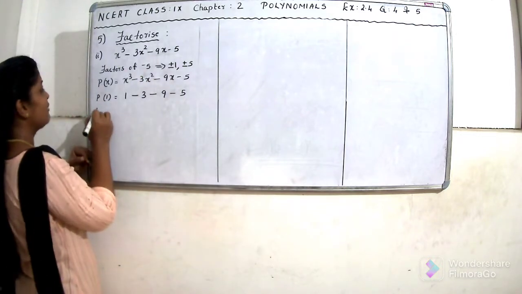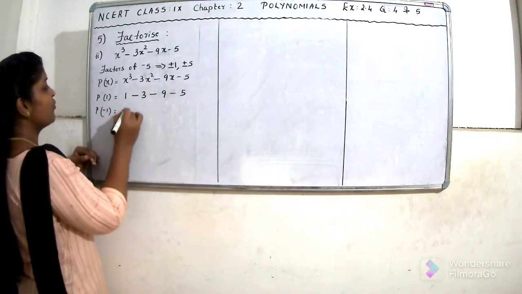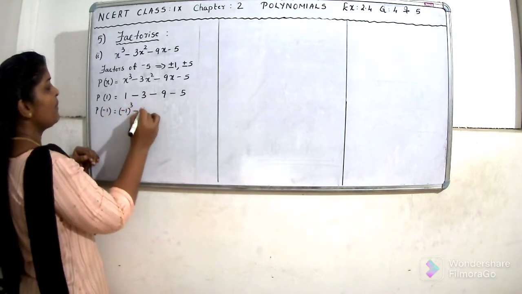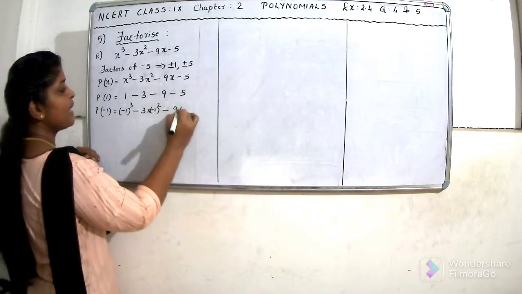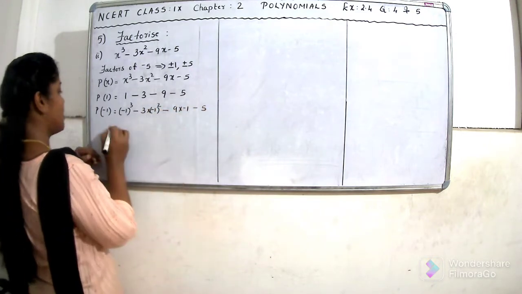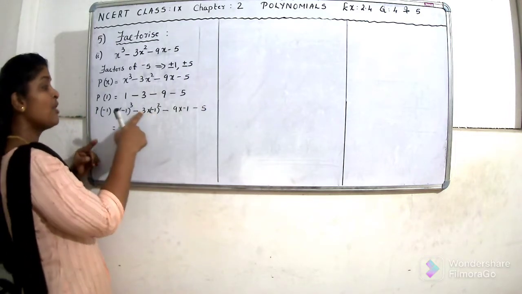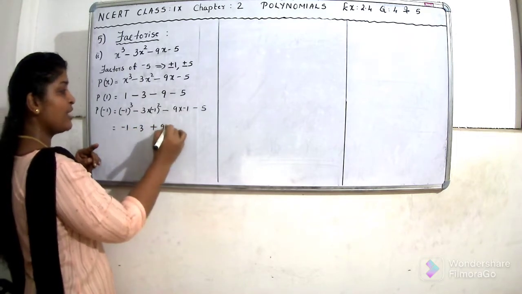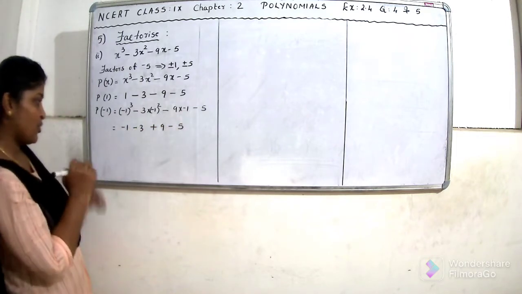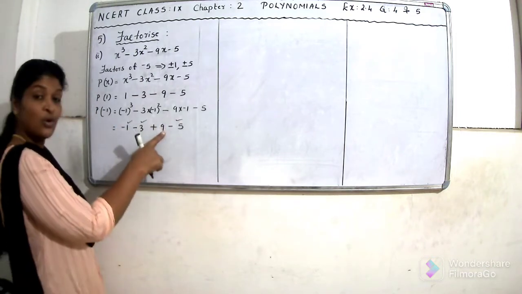Now the next value we substitute is negative 1. So negative 1 the cube, minus 3 into negative 1 the whole square, minus 9 into negative 1, minus 5. Negative 1 cubed is negative 1, then negative 3, then positive 9, and this is 5. Now these 3 numbers are negative and this is alone positive.